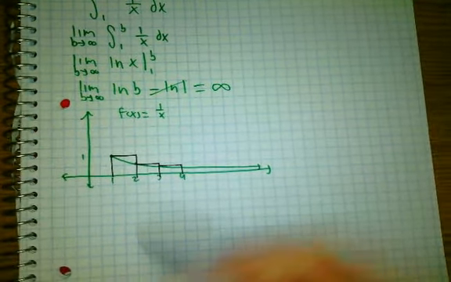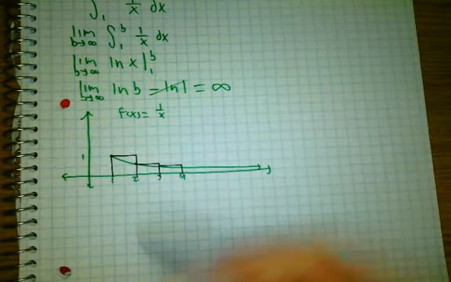So here's what I want to do. Would you then say that the area is approximately, and look how I'm going to write this, I'm going to take each rectangle and add it together. The width of the first rectangle is 1, and the height is 1. Plus, the width of the second rectangle is 1, and the height is 1/2. Plus, the width is 1, and the height is 1/3, and this goes on forever.